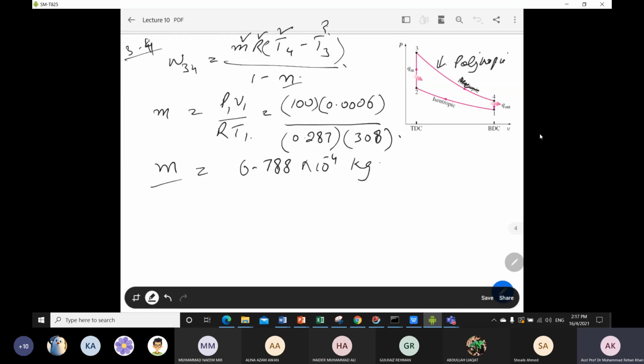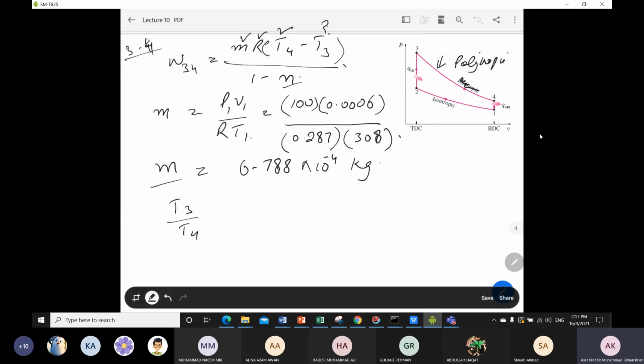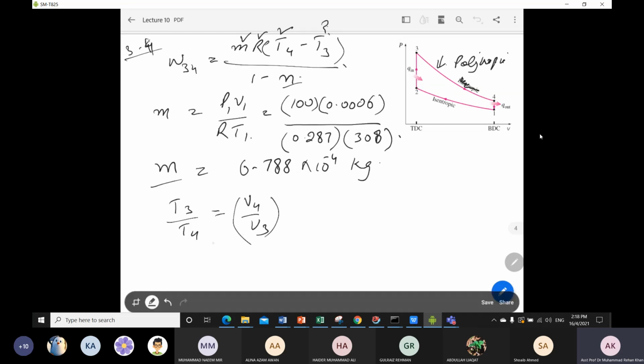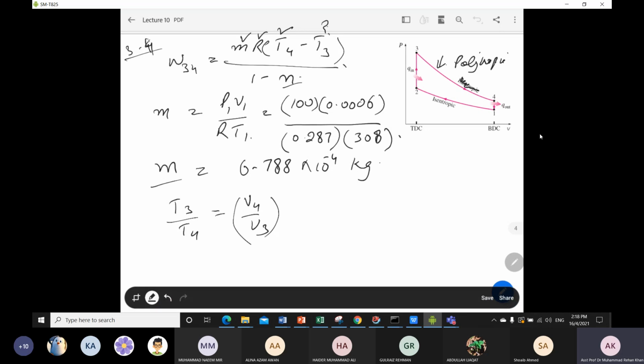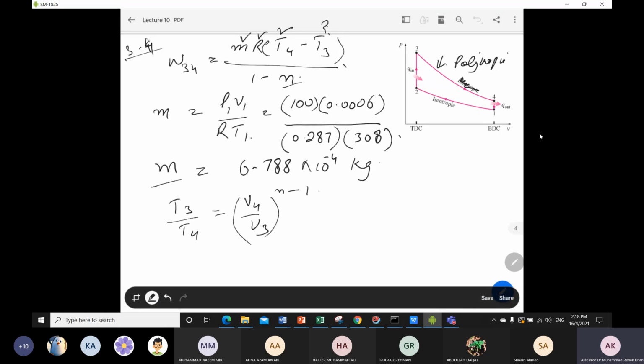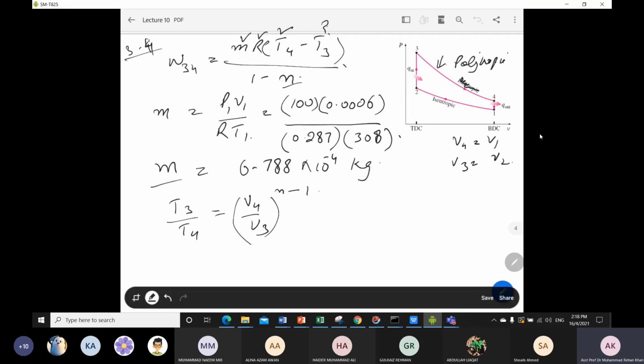So now coming towards the temperature at point number 3. T3 over T4. Again it is the polytropic process, so the relation that is valid is V4 over V3, but previously we used k minus 1 when there was an isentropic process. Here we have to use n minus 1 because it is the polytropic process. If you notice, V4 over V3 is equal to the compression ratio, because V4 is equal to V1 and V3 is equal to V2, and the maximum volume over minimum volume is equal to the compression ratio.